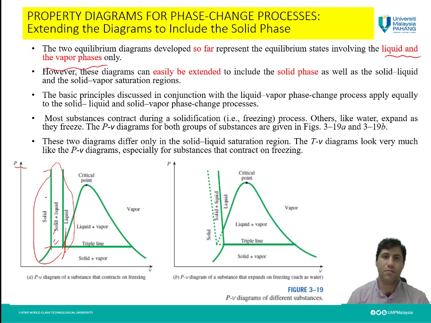This is for most substances. For most substances, the PV graph will be like this. But for some substances, like water, it is different.